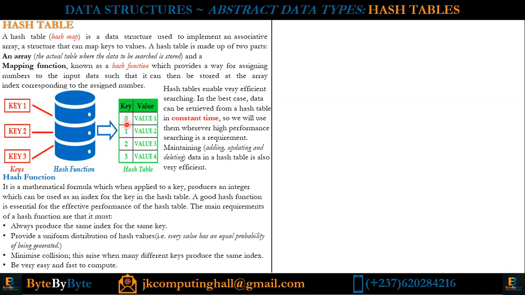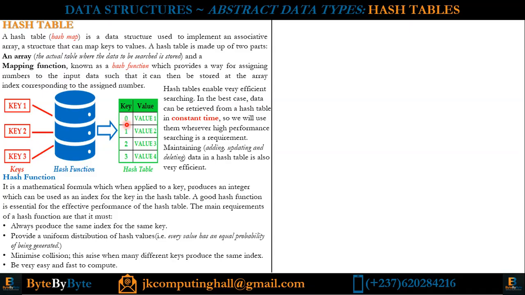Now, a hash function. It is a mathematical formula which when applied to a key produces an integer which can be used as an index for the key in the hash table. That's how a hash function is defined. A good hash function is essential for the effective performance of the hash table.